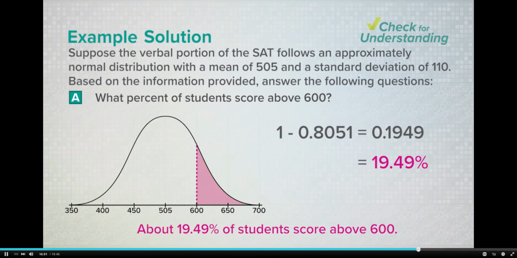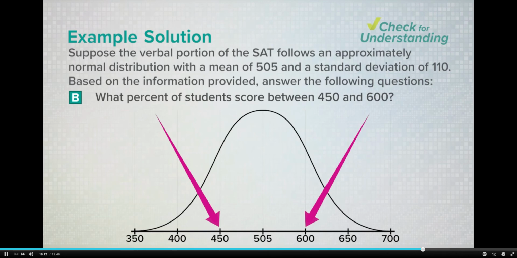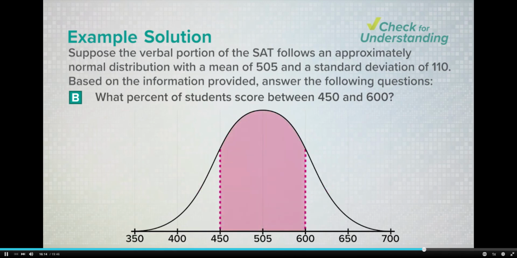Part B asks what percent of students score between 450 and 600. Let's draw that picture. I'll label my 450 and my 600 and shade the area that I want. I do know this upper tail from part A of my question is 0.1949, but I don't know the bottom tail yet.